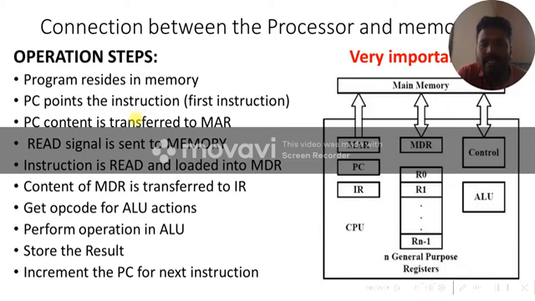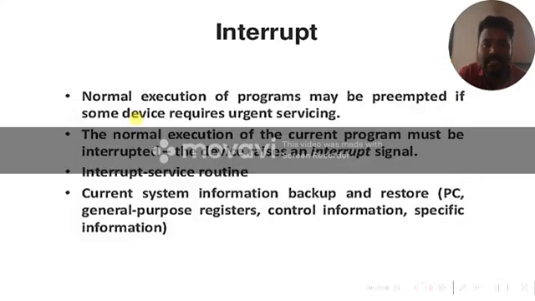Otherwise, it will move on to the program counter. The program counter checks whether the next instruction is there or not. If the next instruction is there, then the program counter will process the above steps continuously for the next instructions.